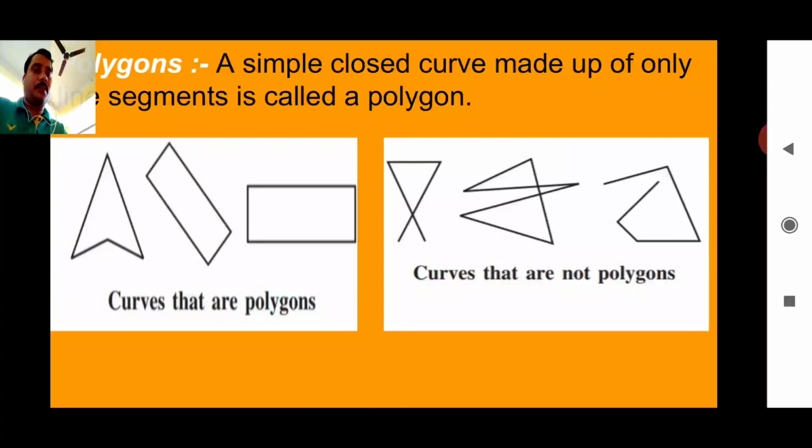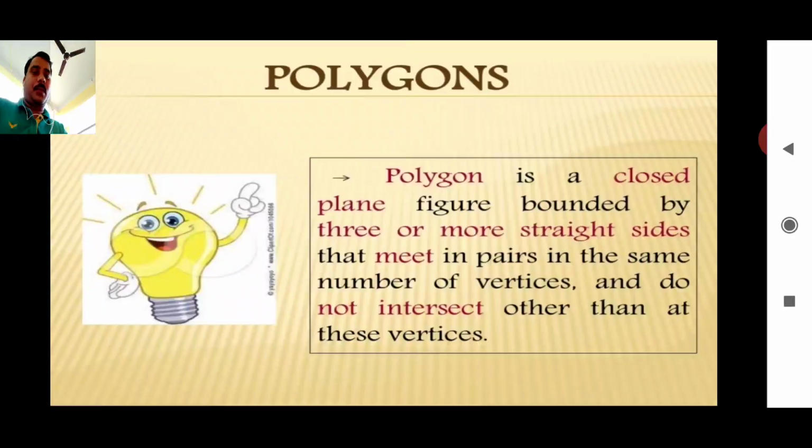Okay, so we can define a polygon as a closed plane figure bounded by 3 or more straight lines, minimum lines required 3, that meet in pairs in the same number of vertices and do not intersect other than at these vertices.